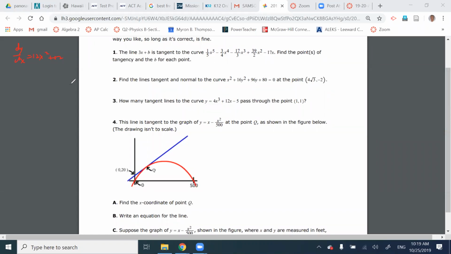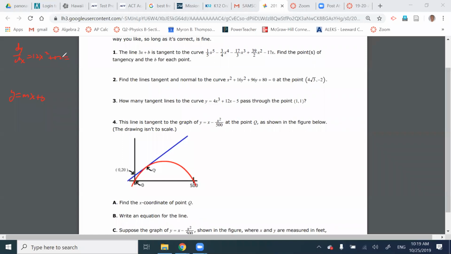Now, they asked how many tangent lines to the curve pass through this point. So you find the slope first, because we know the line should be y equals mx plus b. What's x?